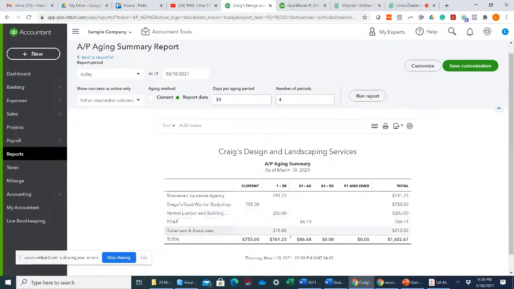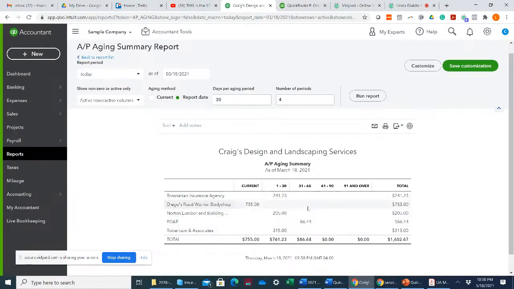So say for instance, you paid $1,000 to this particular vendor, Robertson and Associates. You created a bill payment for $1,000. That $1,000 will actually show up here as negative because there's no bill here for $1,000. So make sure there are no negatives and make sure the things on this report are being paid.